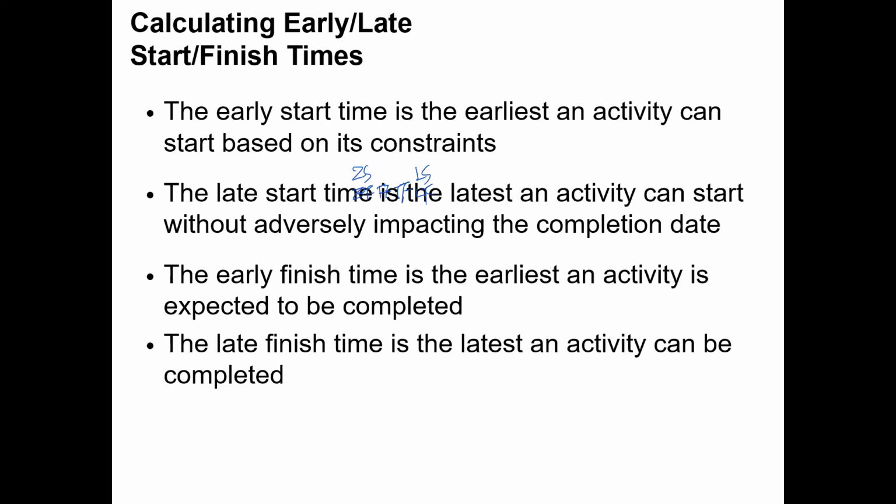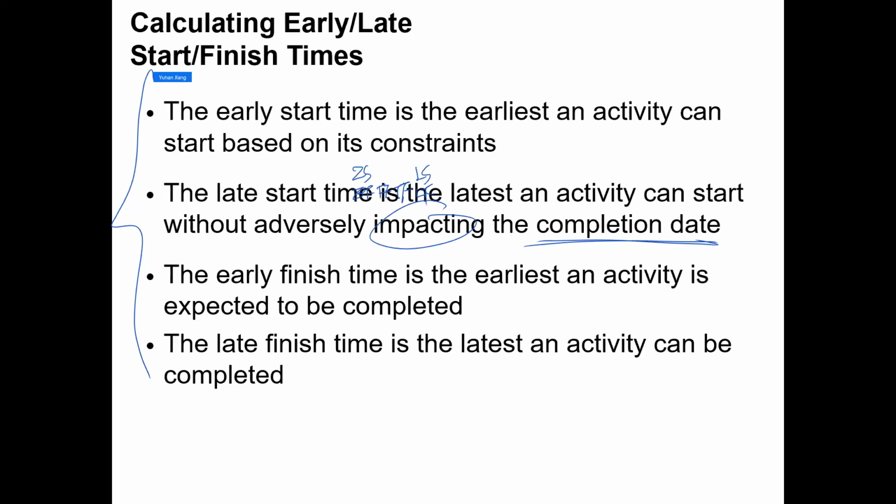The late start time is the latest an activity can start without impacting the completion date for the project, right? And the early finish time is the earliest time an activity can be expected to be completed, and the late finish time is the latest an activity can be completed. So there are 4 events over here.